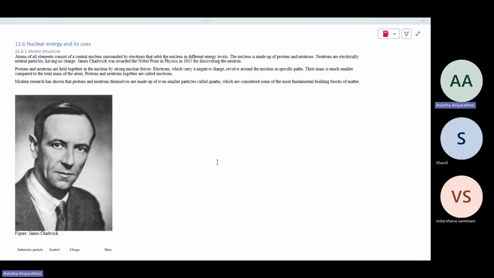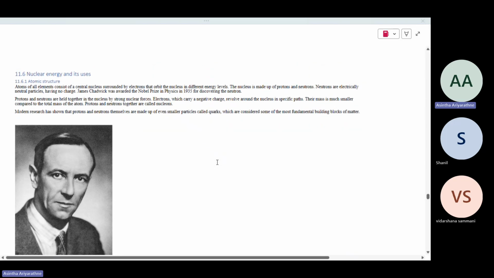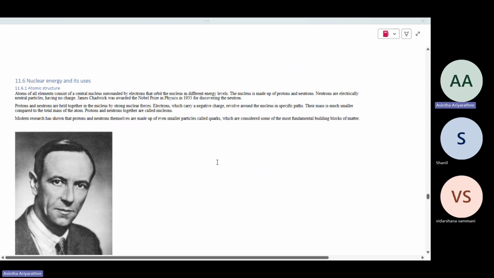Right. So today we are going to start the nuclear energy and its uses part, which is a subtopic under matter and radiation. Previously we learned about radiation, radioactivity, photoelectric effect, and X-rays, those things.